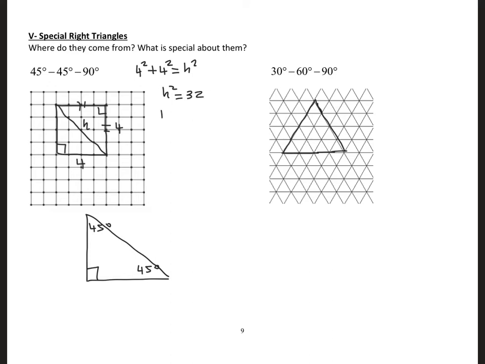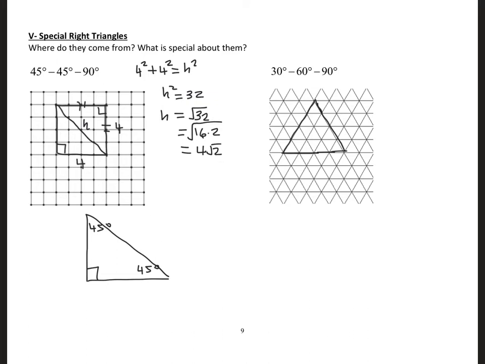Then h is equal to the square root of 32, which is the square root of 16 times 2. And this is the same as 4 square root of 2.